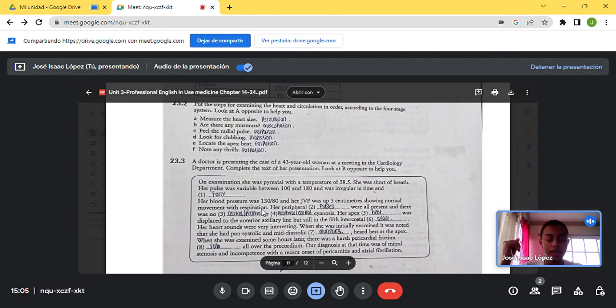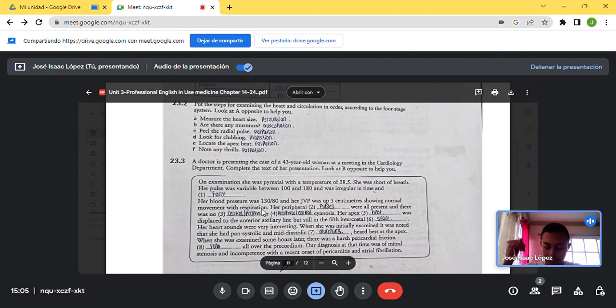Okay, let's do the exercise. "Over to you" says: how many signs of heart disease can you find in the text? Can you add any signs of heart disease to the list?